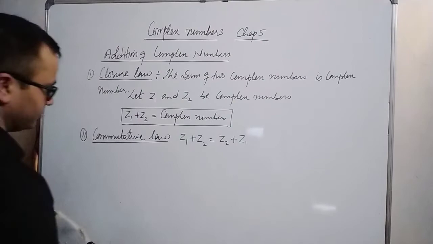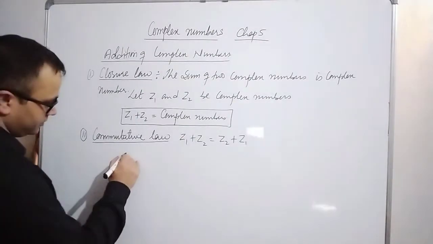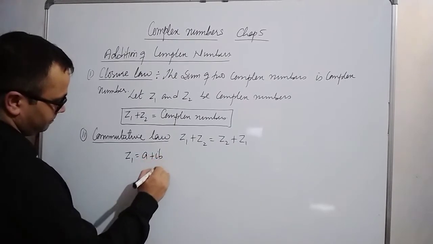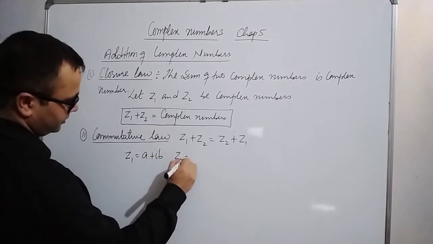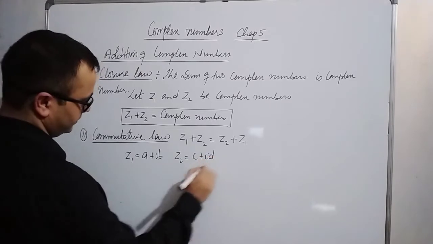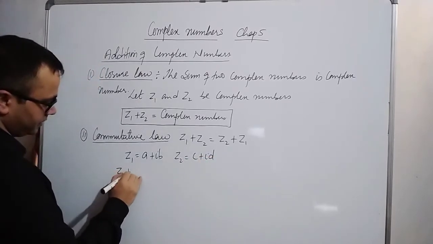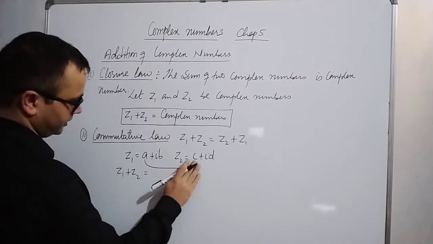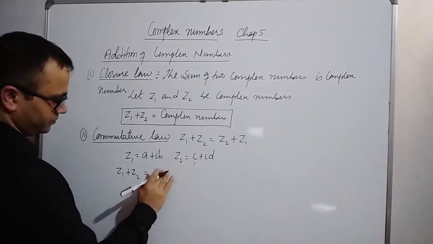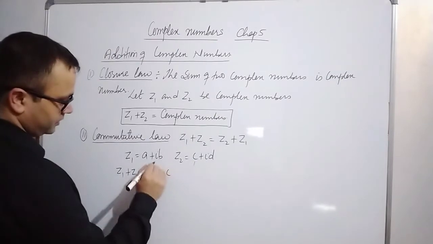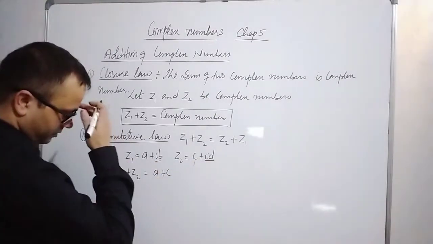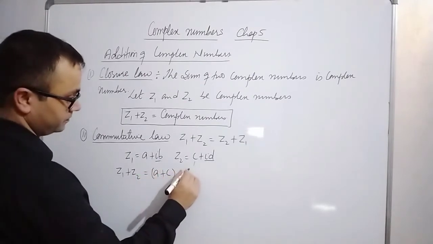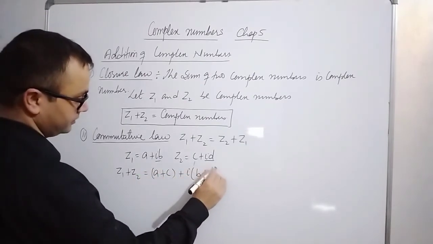In another way, we can take Z1 equals A plus iB and Z2 equals C plus iD. If you add Z1 plus Z2, first we add the real parts, A plus C. From the imaginary part we can take i common: i(B plus D).